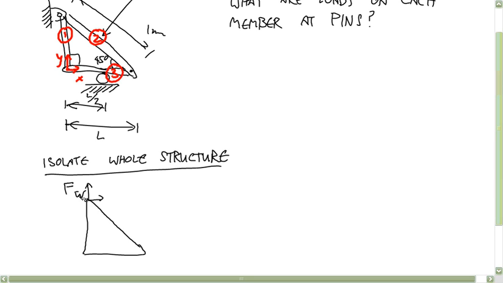So yeah, it depends on the convention that you're using. So we have a couple of choices. We can treat the pin as if it's its own member, right? Yeah, that just adds extra equations, extra variables. So the way I said to do it is assume that that pin is part of member 1, okay?